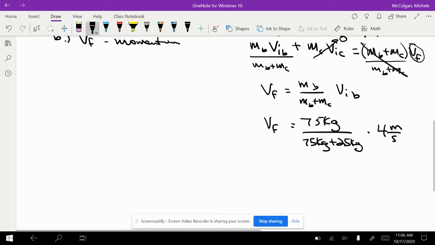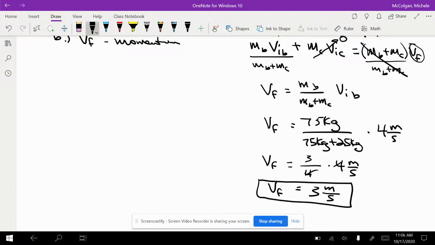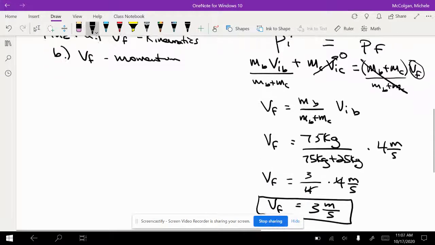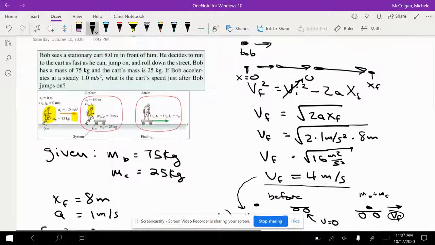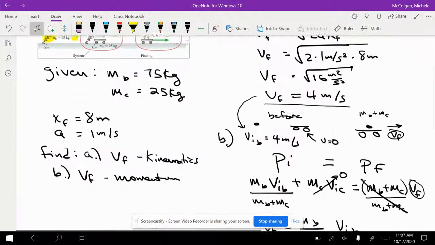I don't even need a calculator for this. 75 plus 25 is 100. So 75 over 100, if I factor out 25, is 3 25s on the top and 4 25s on the bottom, times 4 meters per second. The 4s cancel, and I'm left with 3. So v final is equal to 3 meters per second. And that's how fast Bob and his cart are traveling together.